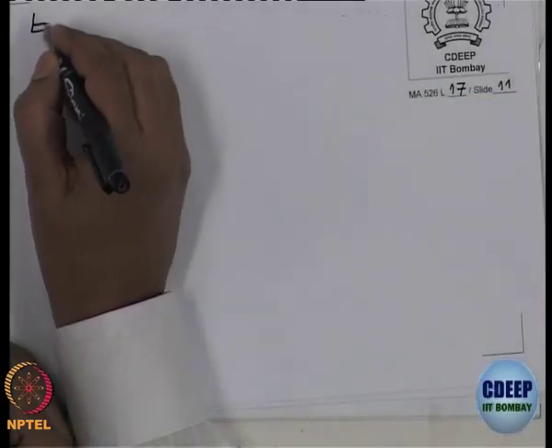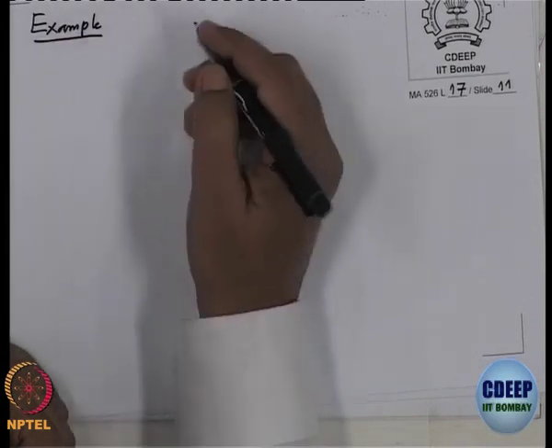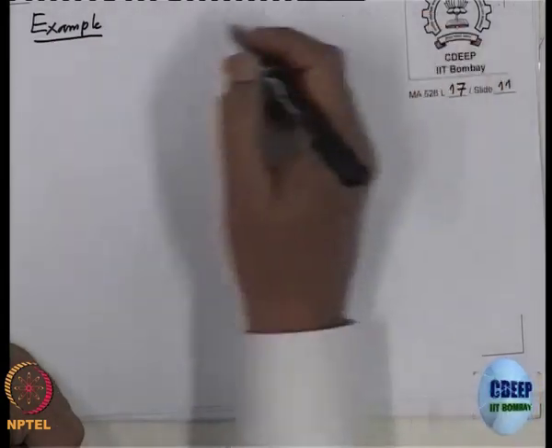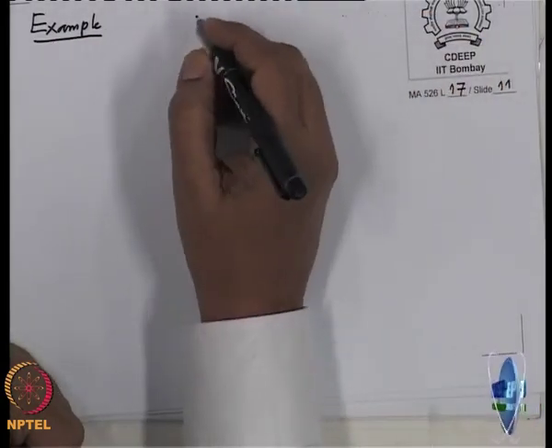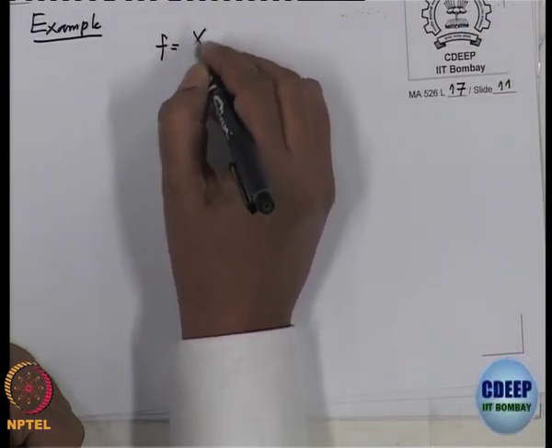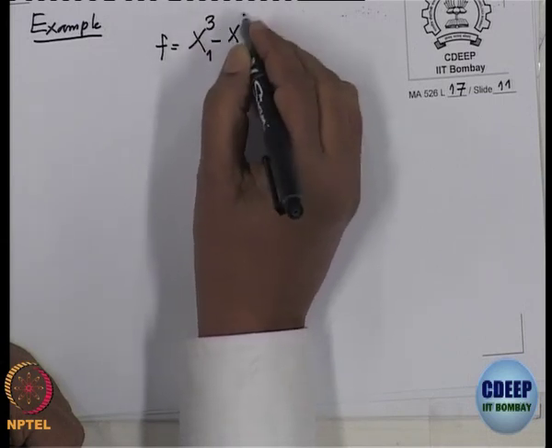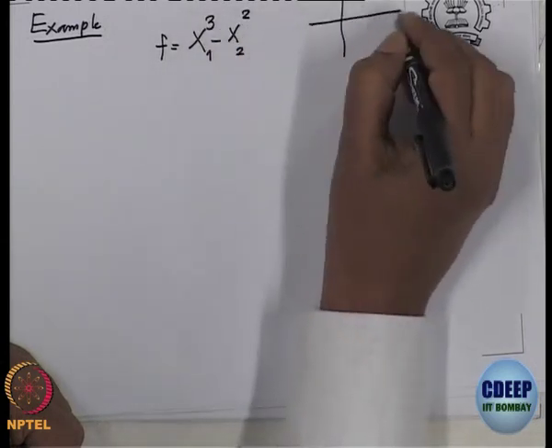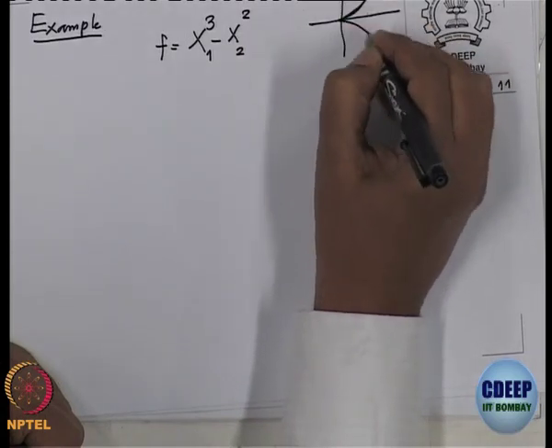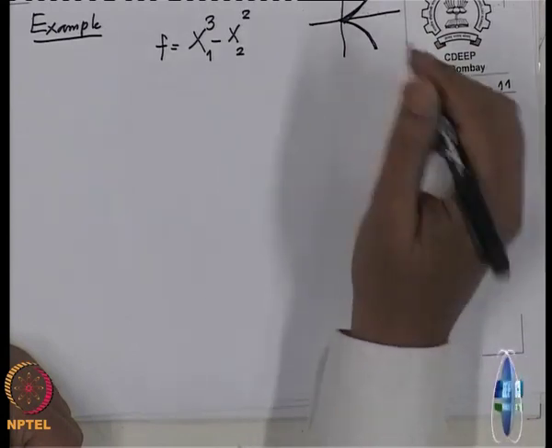Okay, let us take the next example. Let us take this cusp. You remember the cusp, that is looking at the equation f, which is x1 cube minus x2 square. Remember this example? This is called a cusp.